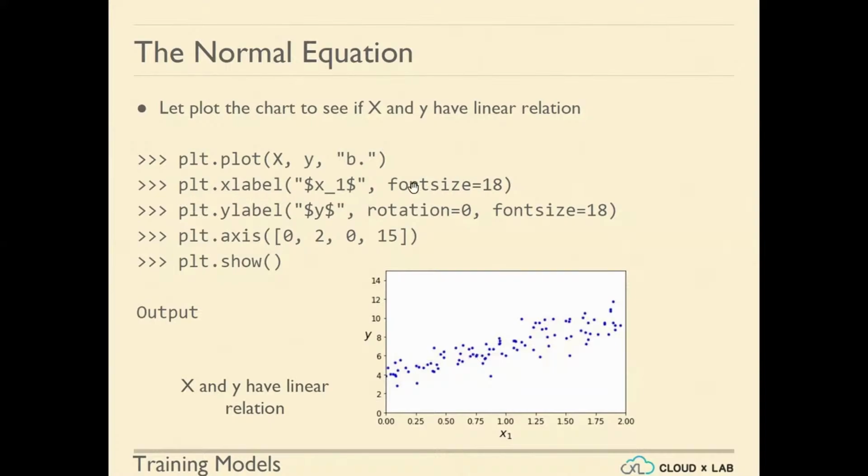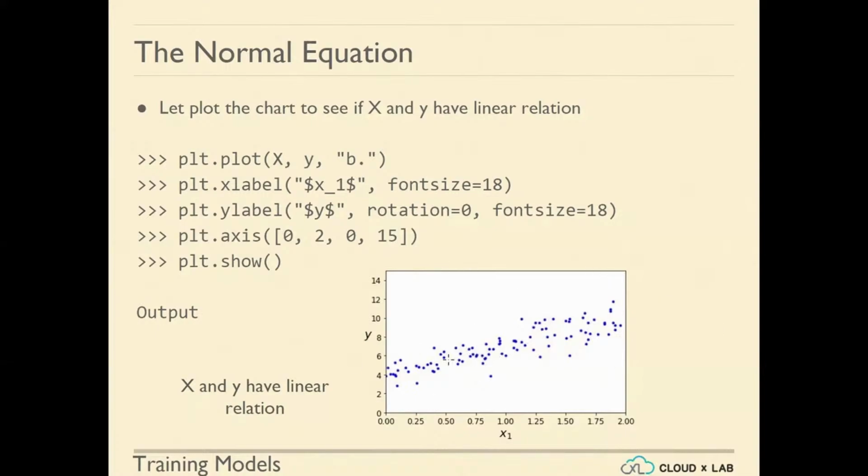For the x label we are using x1, for the y label we are using output y, and the x axis range is from 0 to 2, the y axis range is 0 to 15. So I will write 0 to 2, 0 to 15, and then I will use the show command to show this plot, right? So it will show the output data points.